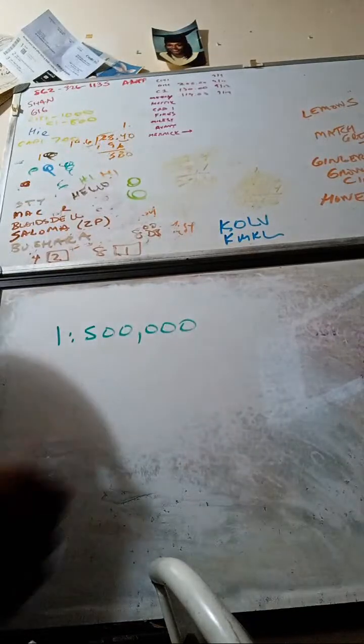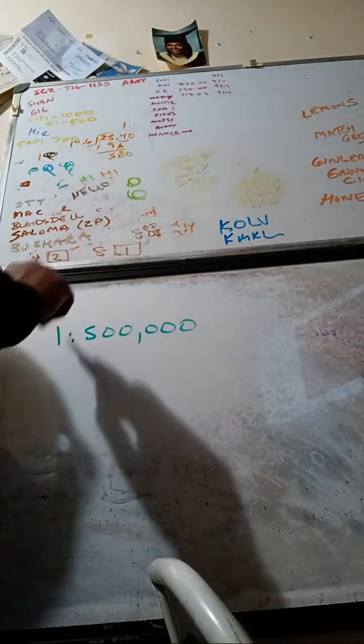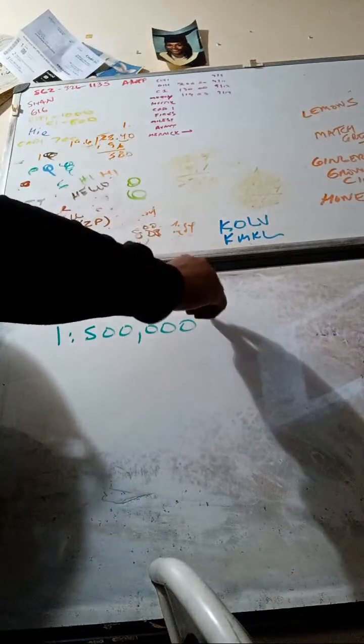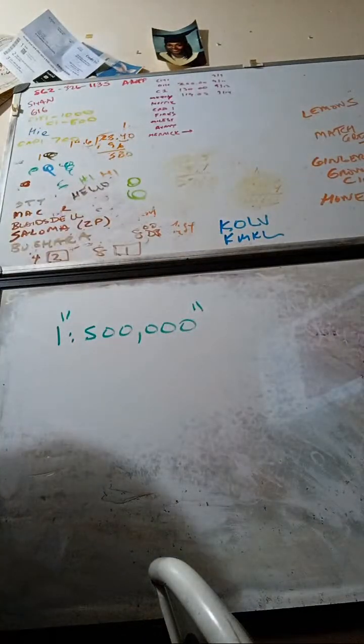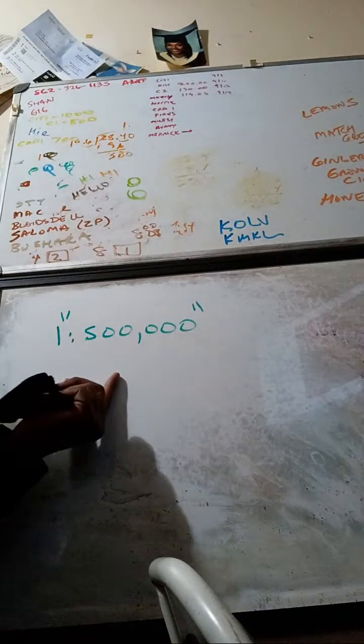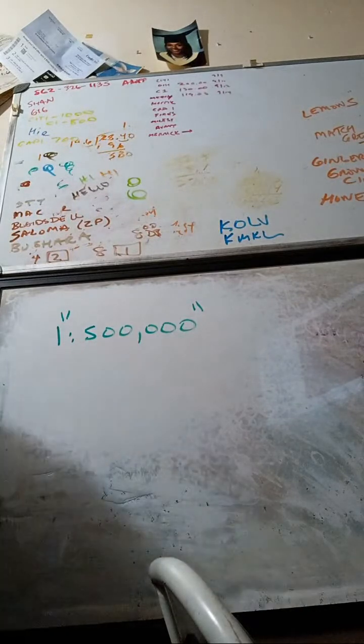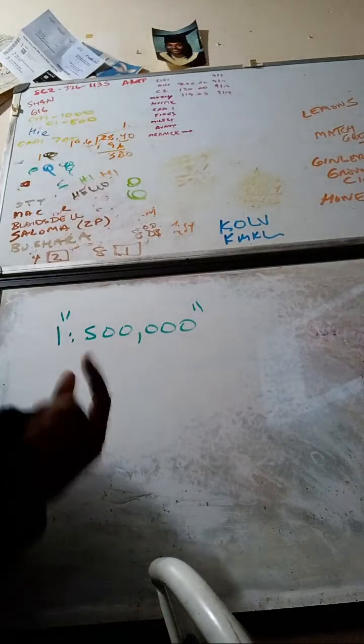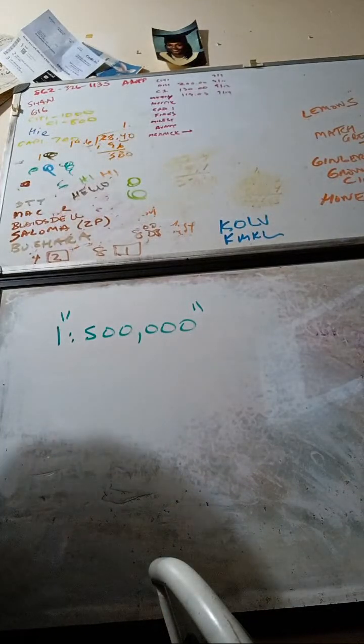Oh, I see the scale is 1 to 500,000. Mm-hmm. 1 inch is equal to 500,000 inches, which means if I took a ruler and measured 1 inch, that represents 500,000 inches in real life. So it's the scale that the map is set at. Right.